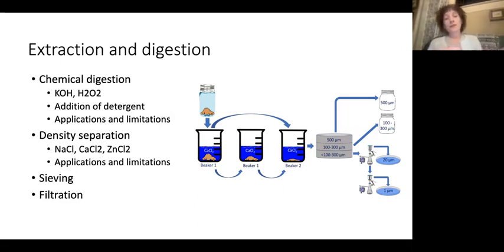Another tactic that is used on some samples, particularly those that have a lot of sediment in them or a lot of natural material like shells, is density separation. Using a salt, good old sodium chloride, works pretty well. Some people use calcium chloride or zinc chloride, which is a bit more expensive but can sometimes be more effective.